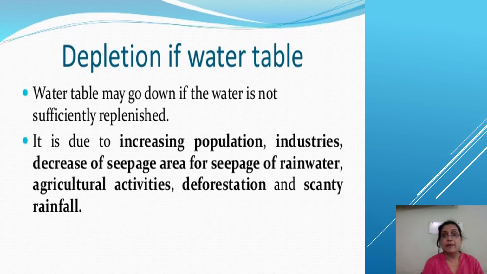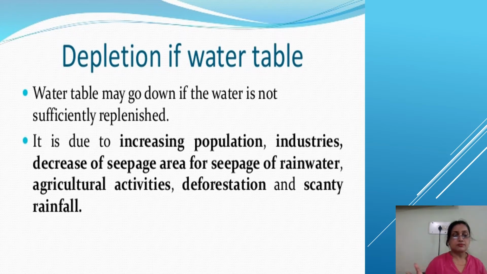So why does it happen? Because we keep on drawing water from the ground, because of more people and more consumption of water. Industries again require water. There is also a decrease in the area of seepage of rainwater. We will come to rainwater harvesting in the next slide. These days, lots of apartments are coming up, a concrete jungle.